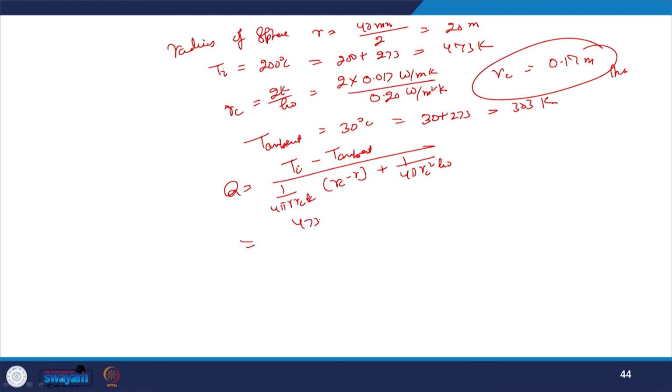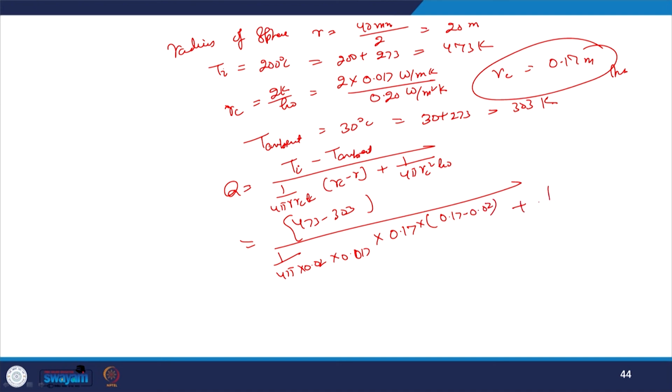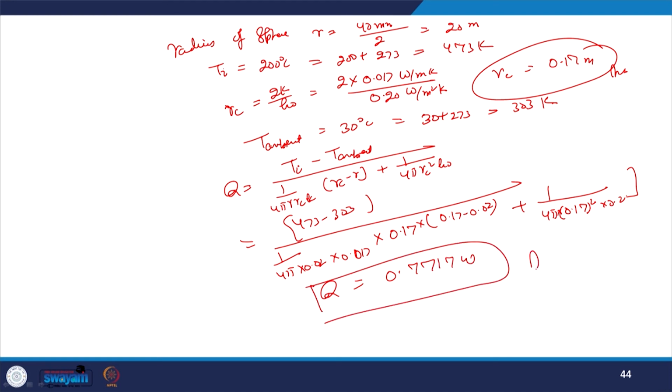That is (473 − 303) upon [1/(4π × 0.02 × 0.017 × 0.17) × (0.17 − 0.02) plus 1/(4π × 0.17² × 0.2)], and Q comes out to be 0.7717 watt, and that is the answer.